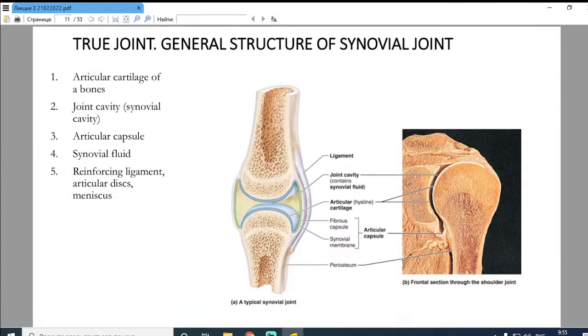True joint. General structure of a synovial joint. You see a typical synovial joint.